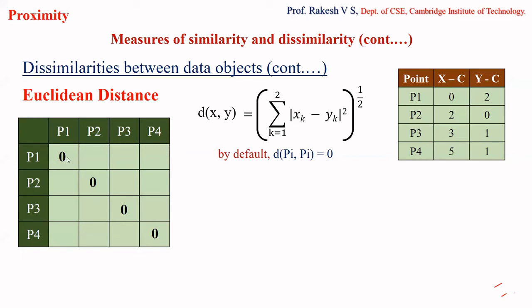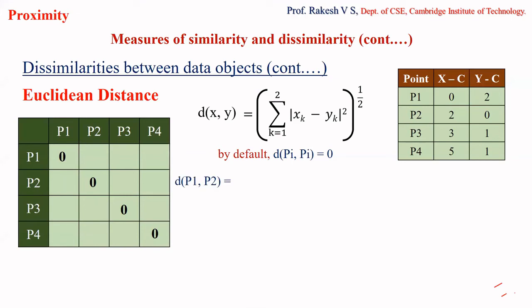Next, we will find one side of the principal diagonal. That is, we find P1, P2, P1, P3, P1, P4, then P2, P3, P2, P4, and P3, P4. And then we can put that on the other side also, right? So let's begin. First, I'll consider P1, P2.